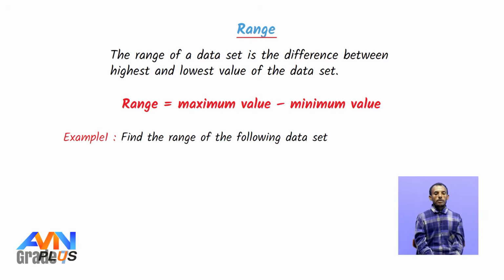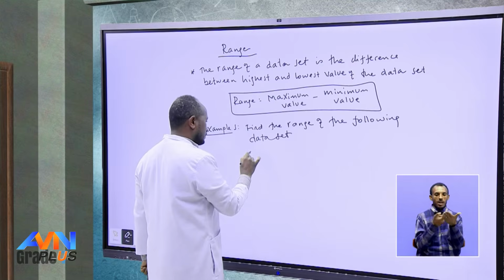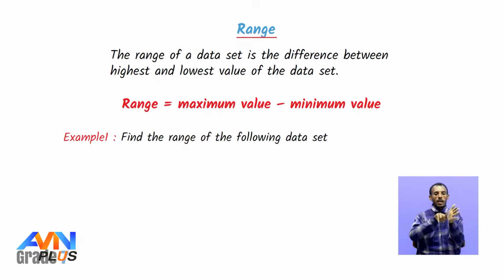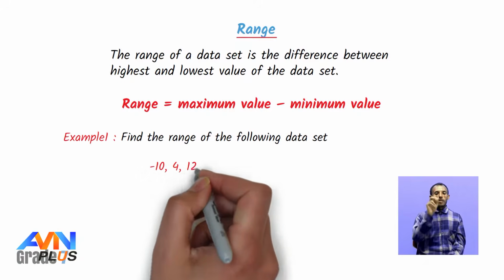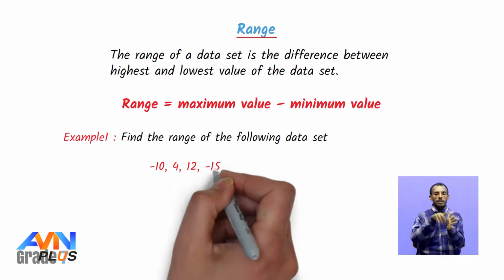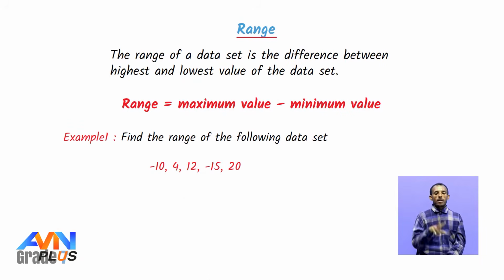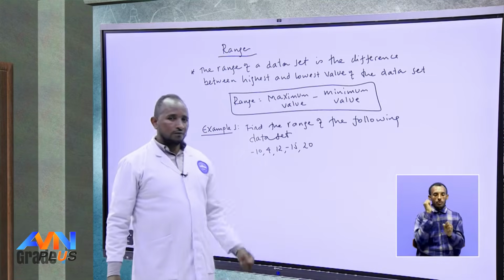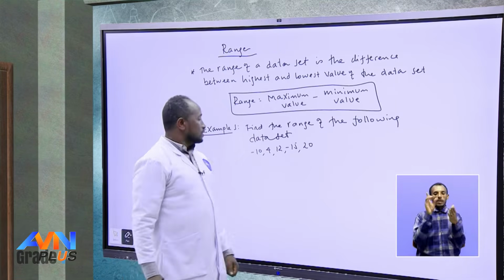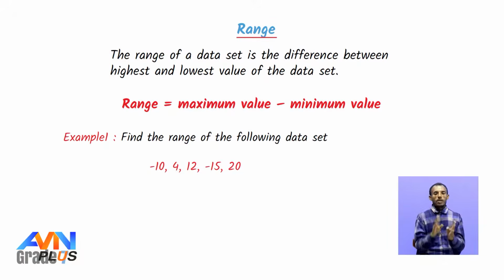The data are here: -10, 4, 12, -15, 20. This data set is given. We are asked to find the range of this data set. So let's see the answer together.